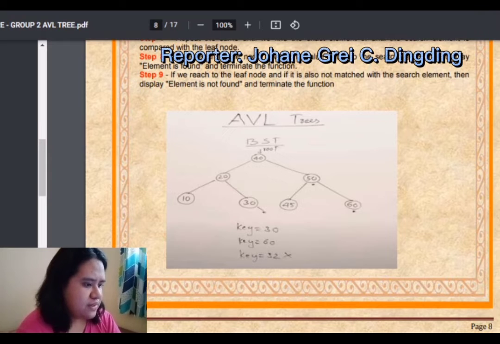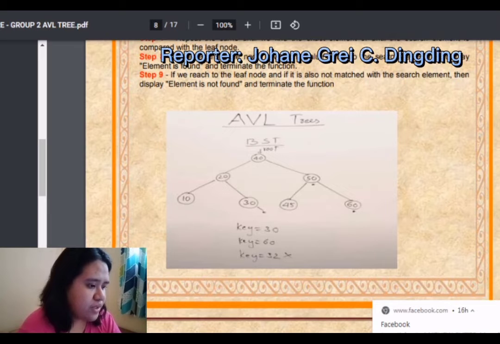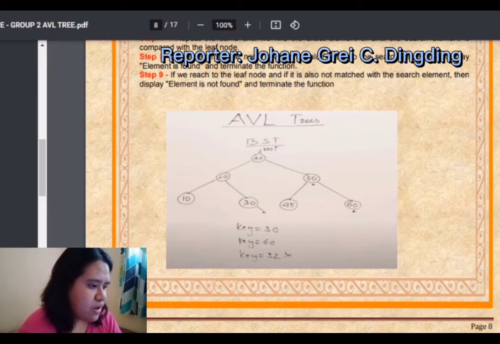Now 30 is less than 40, which means the node we are trying to find should be on the left side, because the left side is always less than the right child. Here we are faced with 20, but 20 is less than 30, meaning the key we're trying to find is in the right subtree.